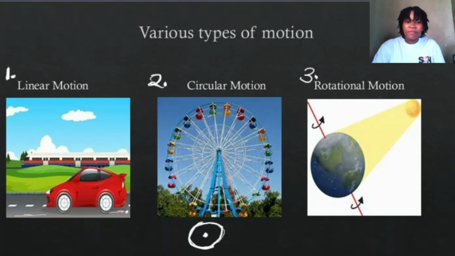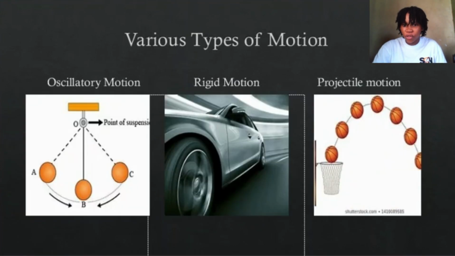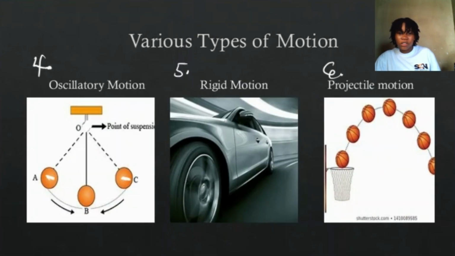We also have other forms of motion. We have the oscillatory motion, and with this type of motion, a body moves forward and backwards, or to and fro from a fixed point. You could see that this is the fixed point.